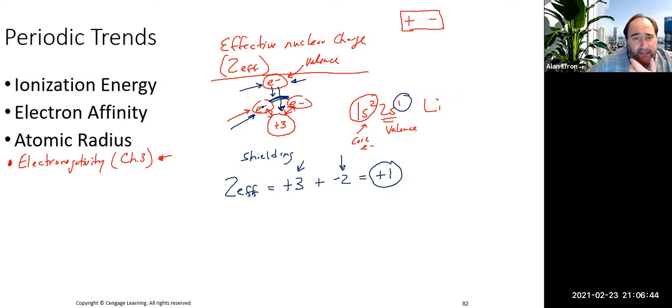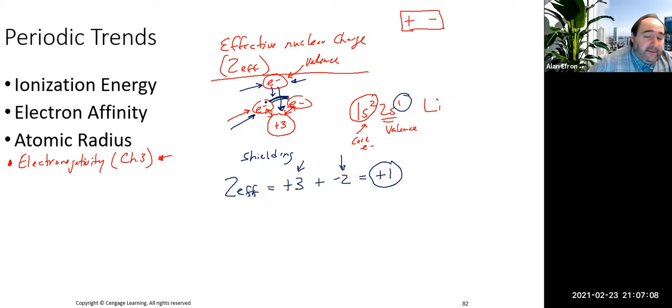So the effective nuclear charge is an important element in the trends that we see on the periodic table, and why certain electrons are more easily removed, while core electrons, because they're so close to the nucleus, really feel the full brunt of that positive charge.